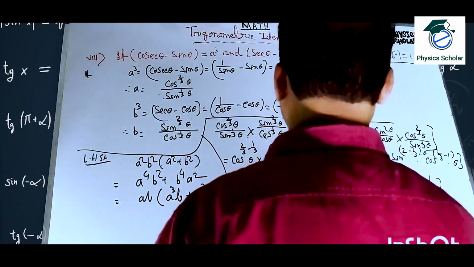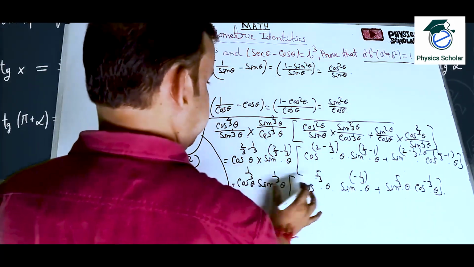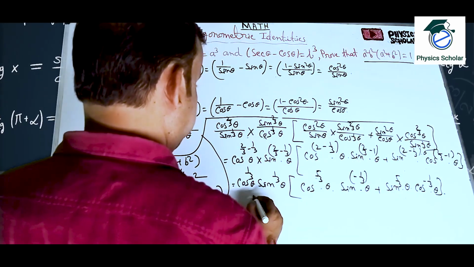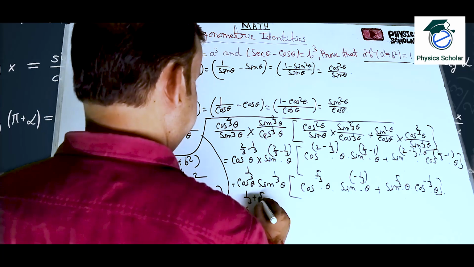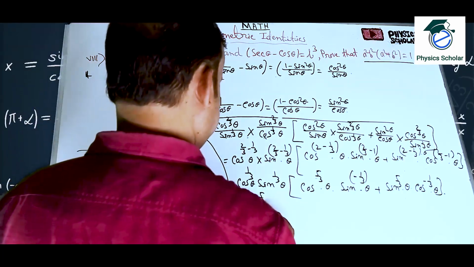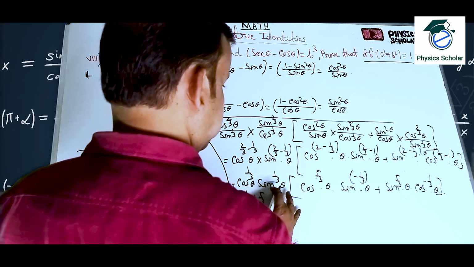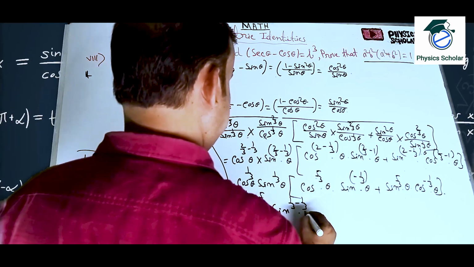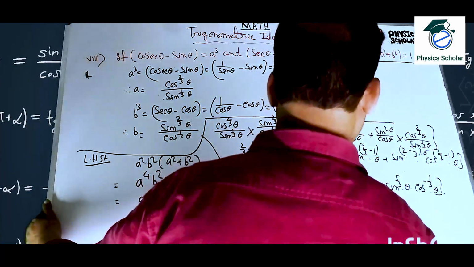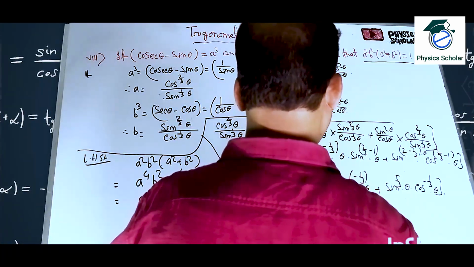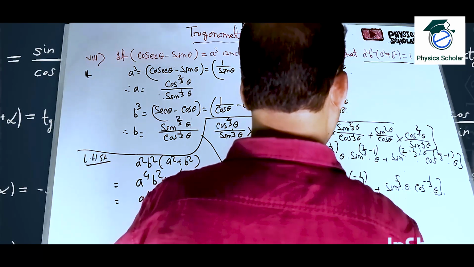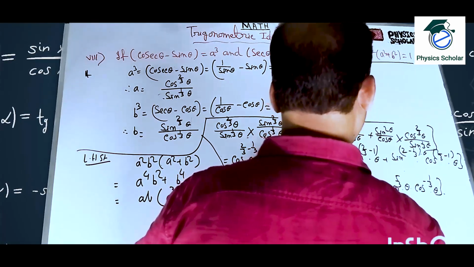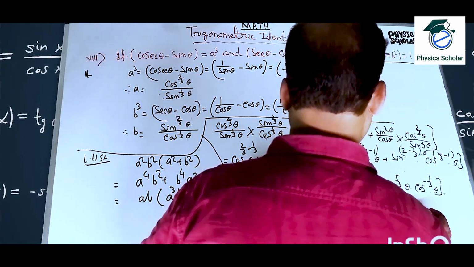Now we will multiply: this into this plus this into this. So it will be cos to the power (1/3 + 5/3) θ into sin to the power (1/3 minus 1/3) θ, plus sin to the power (5/3 + 1/3) θ into cos to the power (1/3 minus 1/3) θ. Clear?